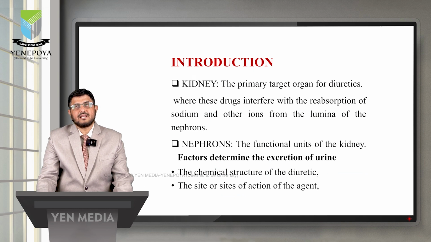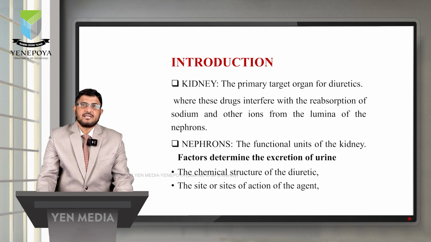So, the primary target of the diuretics is the kidney, where these drugs interfere with the reabsorption of sodium and other ions from the lumina of the nephrons. Nephrons are the functional unit of the kidneys.